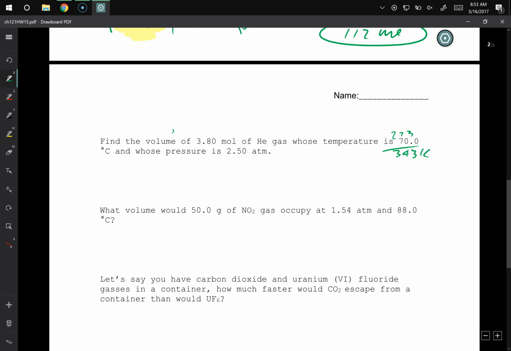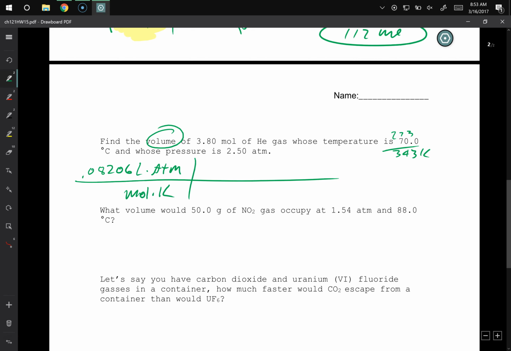I'm looking for the volume, so I'm going to put 0.08206 liters atmospheres per mole Kelvin. And why did I write this first? I'm looking for a volume, so I wrote this first because it gave me a volume unit, because my answer needs to have a volume unit in it.